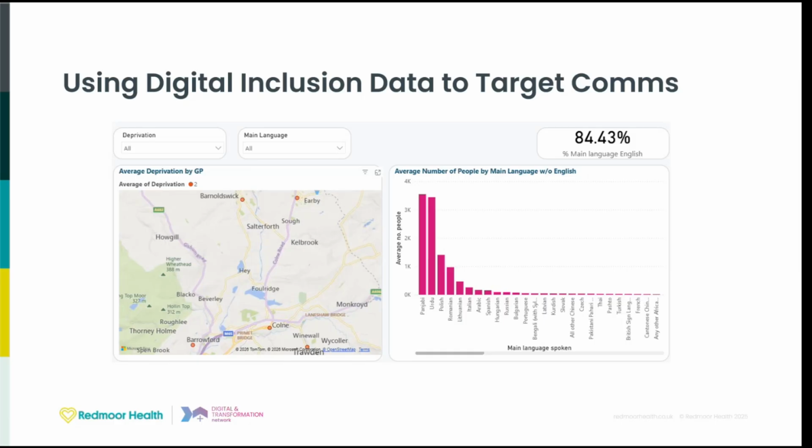Viewed alongside other data, such as NHS App usage, this information can help teams target those communications more accurately and avoid widening digital inequalities, and hopefully improve response rates without increasing the workload, and also make better use of existing digital access routes. The aim of this isn't really to create more messaging, but to make existing communications more relevant, more inclusive, and more likely to work the first time.